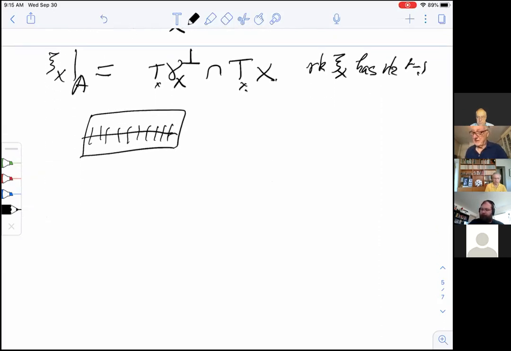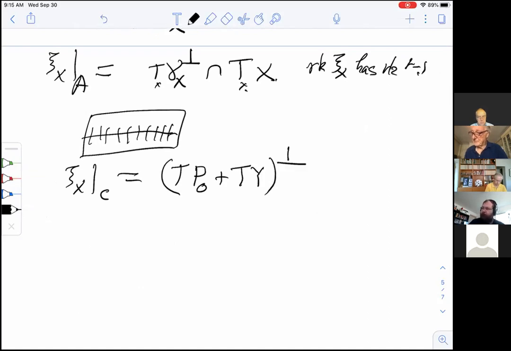Over C, I take the perpendicular to the tangent bundle of P naught plus the tangent bundle of Y. So let's think about ranks here.